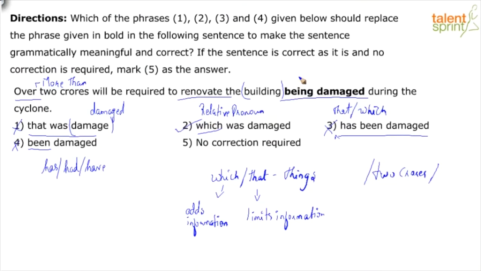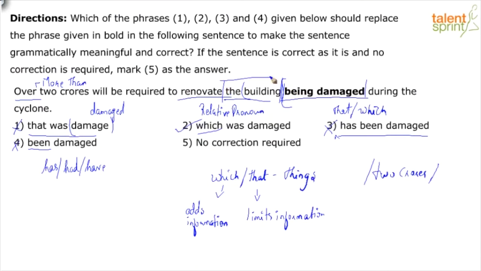With the current phrase itself, "being damaged", why can't we just let it be as it is? That's his question. The reason is that here "being" is almost acting like a gerund. Being damaged during the cyclone, something has to be done, right? So in this context, when it comes in a sentence, I have to be specific about what is being damaged. I have to relate it to this building.